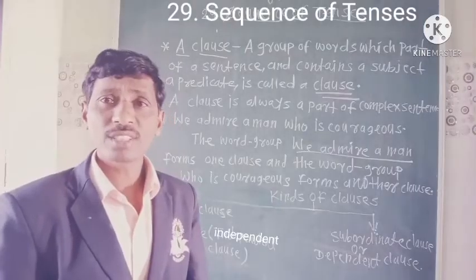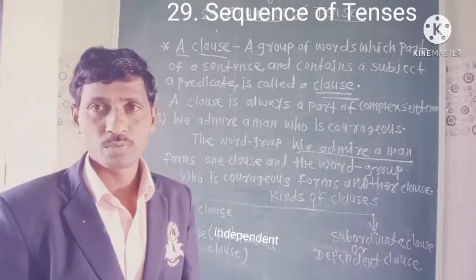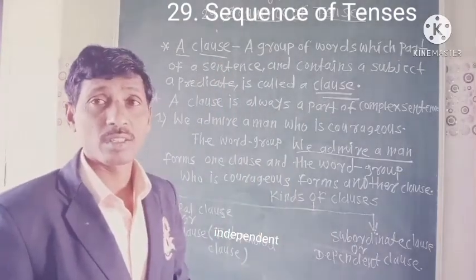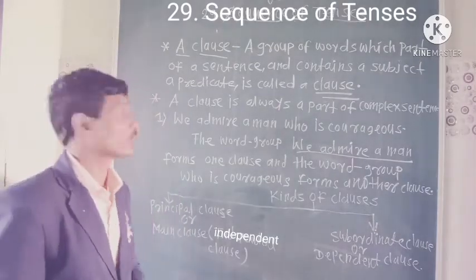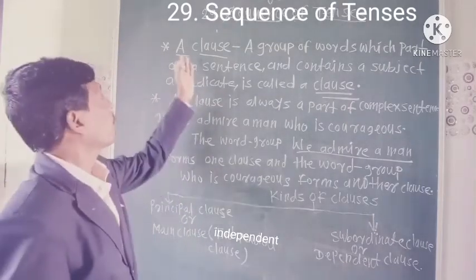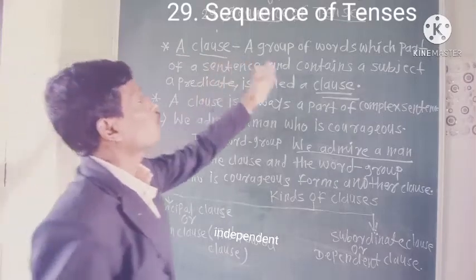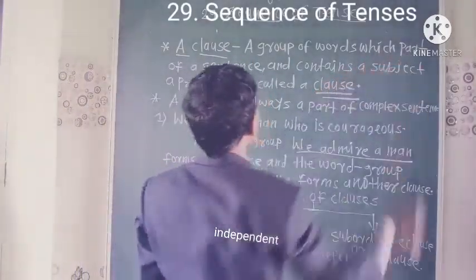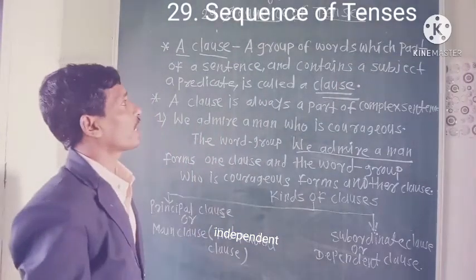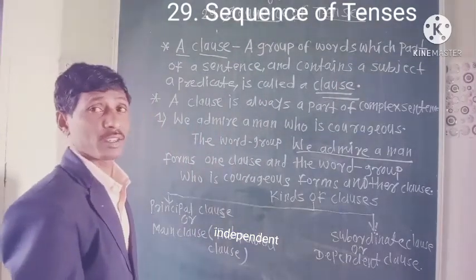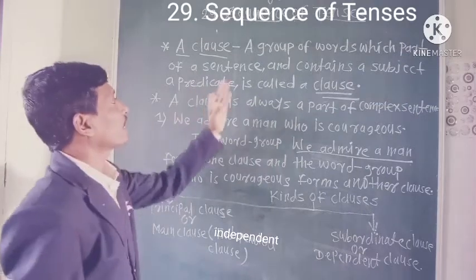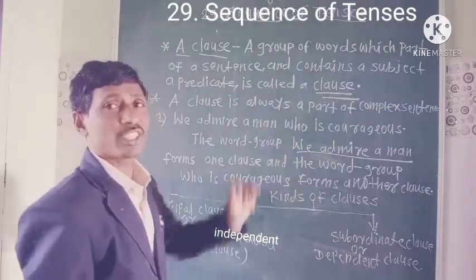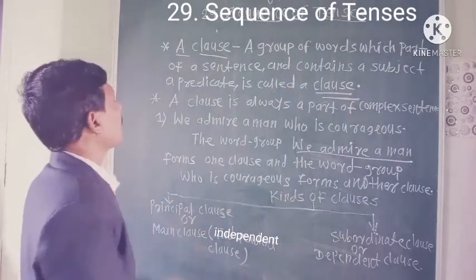Dear students, first I want to clear what a clause is. What is a clause? A clause is a group of words which is part of a sentence and contains a subject and predicate.